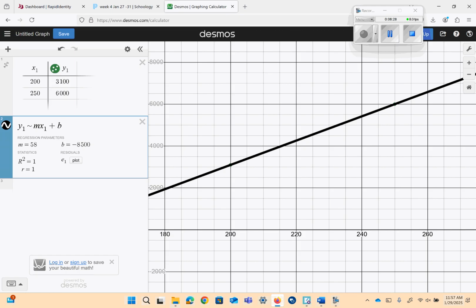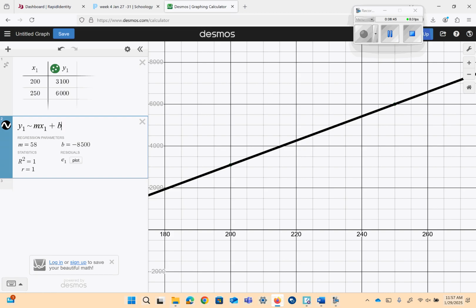This is called the marginal profit. So what's my slope? 58. My marginal profit is 58. Okay? That just means for each item you make, an additional $58.